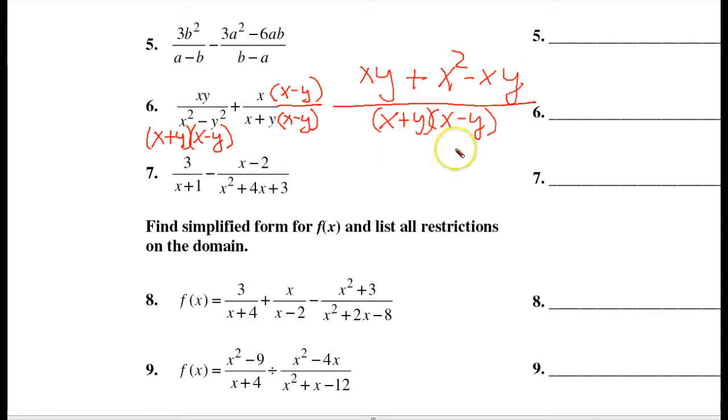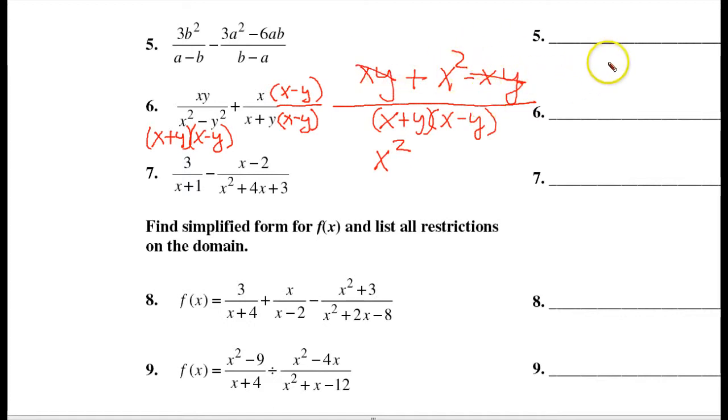Now the big question is, what can you do here? Well, let me work on this. I didn't have to work too much because here I have an xy minus xy. So these are just going to subtract out.